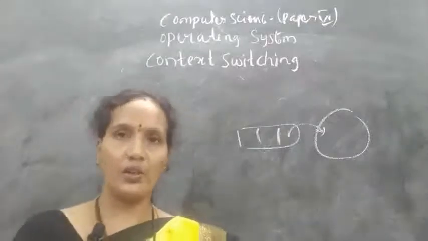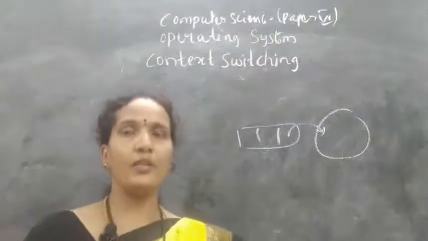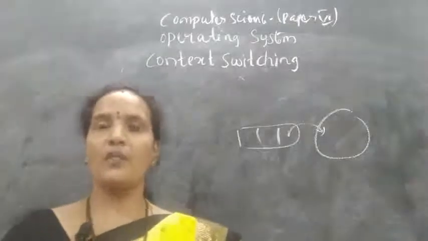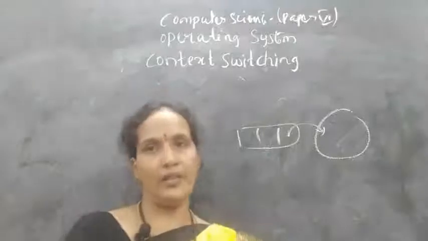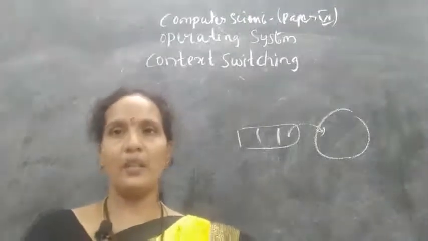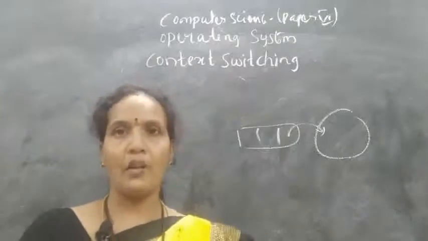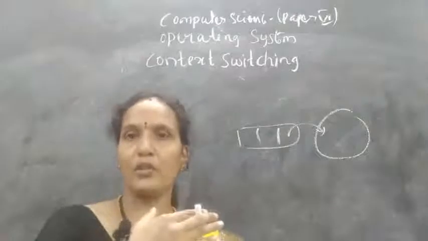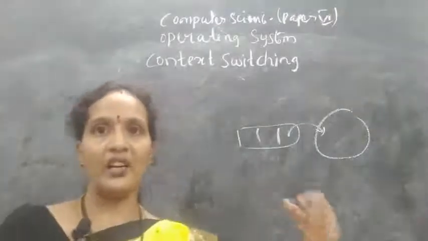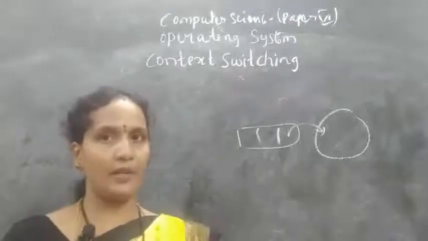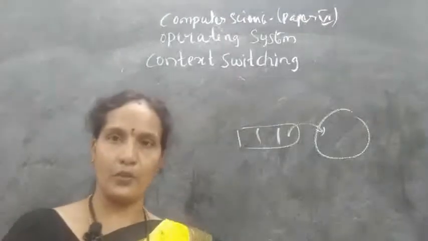Understood? That is process scheduling. Scheduling queue depends on the status of the process. For example, whatever processes are in the secondary memory, the processes which want to execute will be in a job queue. When the processes which want to execute are moved from the secondary memory to the primary memory, that is called a job queue.